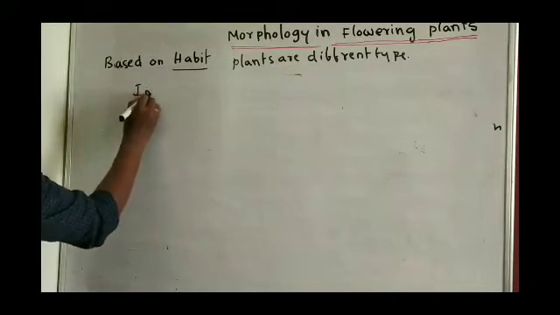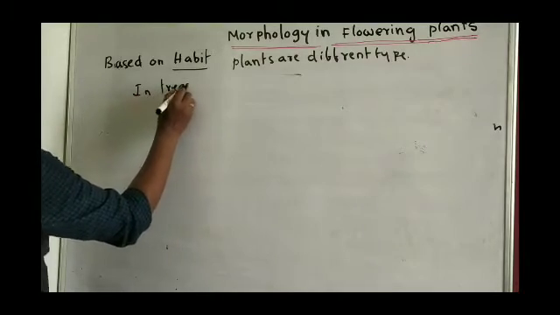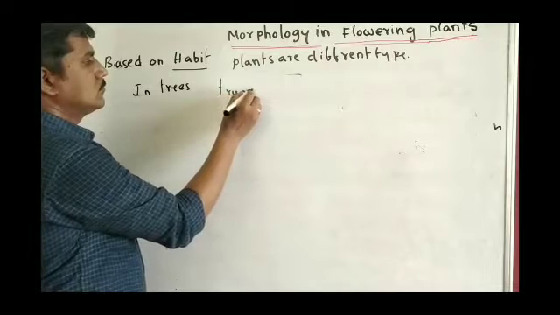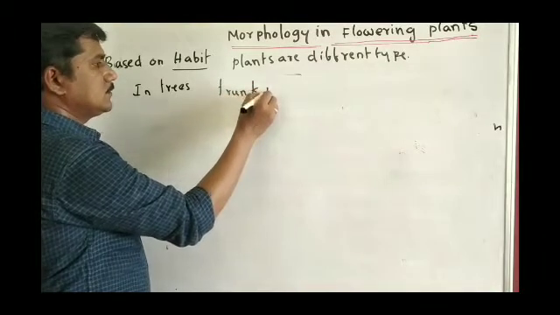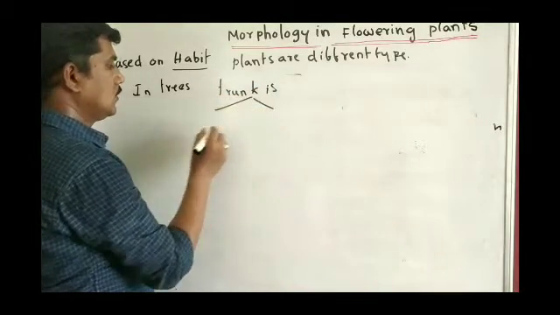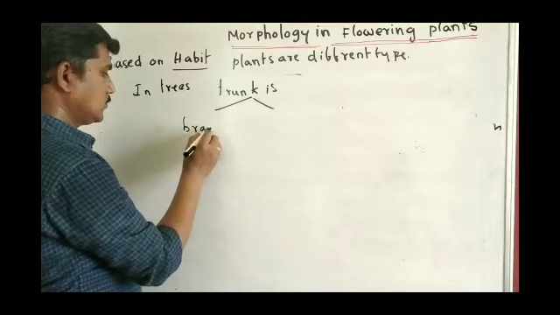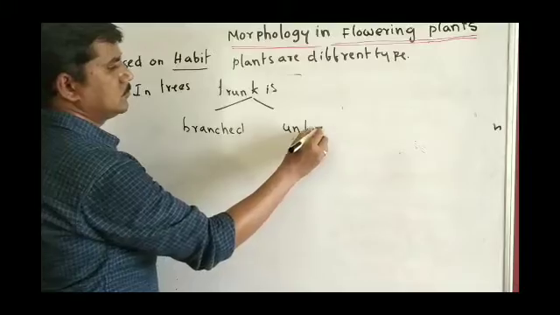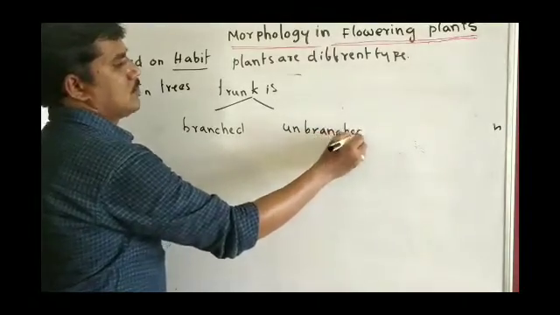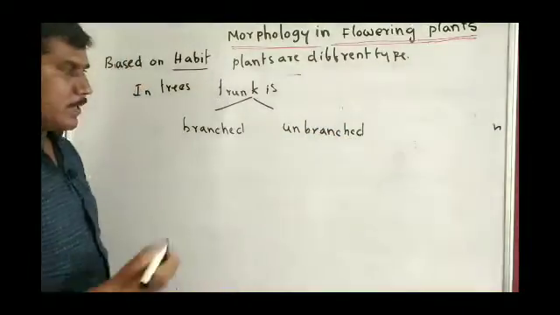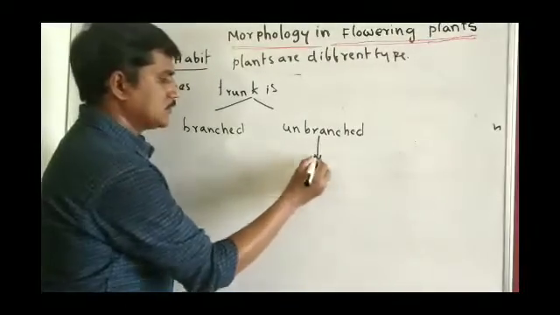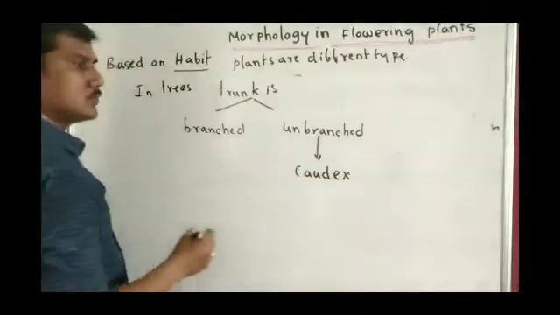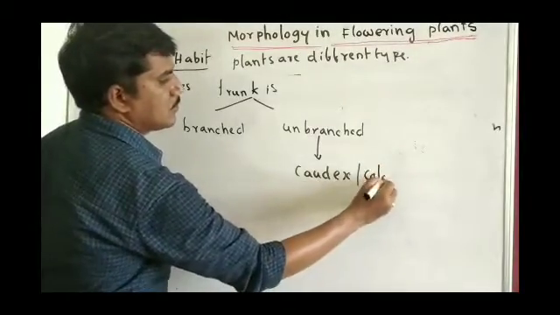In trees, the trunk is either branched or unbranched form. The unbranched form of the trunk is called caudex or columnar.